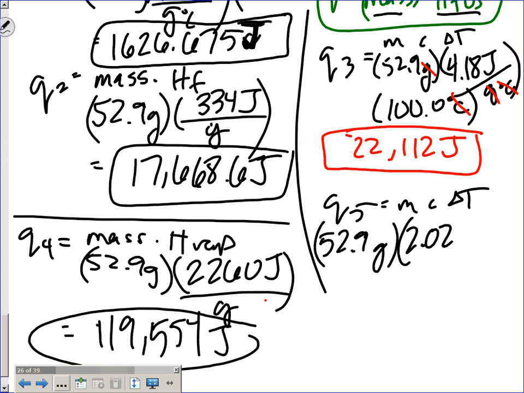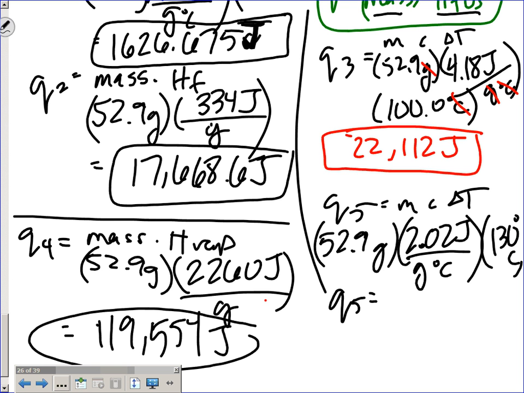So you're looking not at the wall, you're looking at the reference table. You should see 2.02 joules per gram degree C associated with steam. Temperature change was what, 130? I hope. Okay, so grams cancel, Celsius cancels, joules remain. And can I get one person to shout that one out for me? 890.